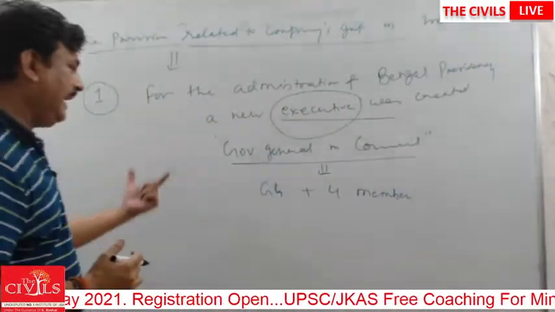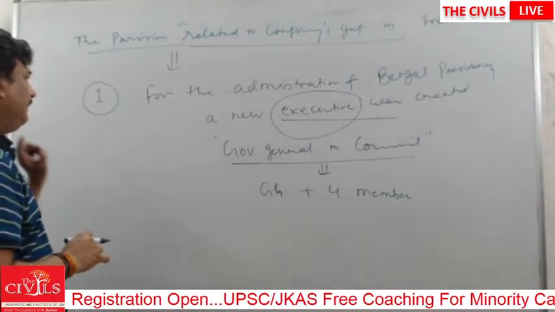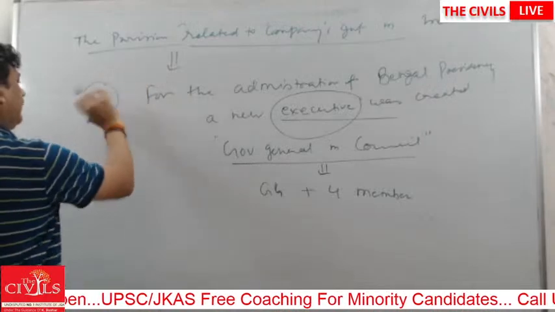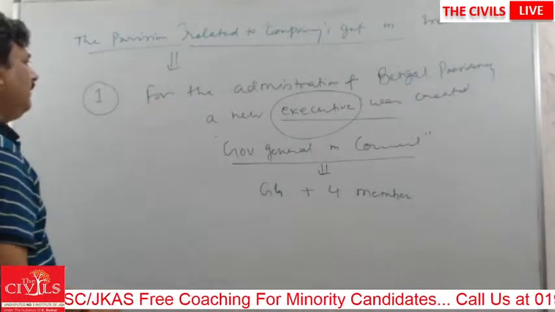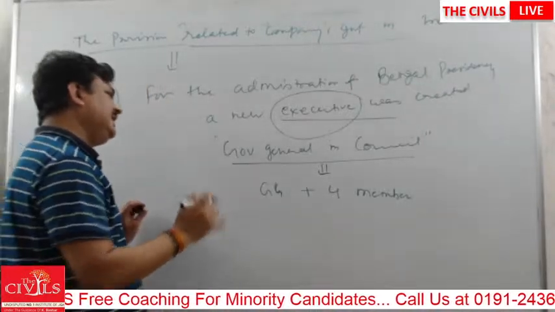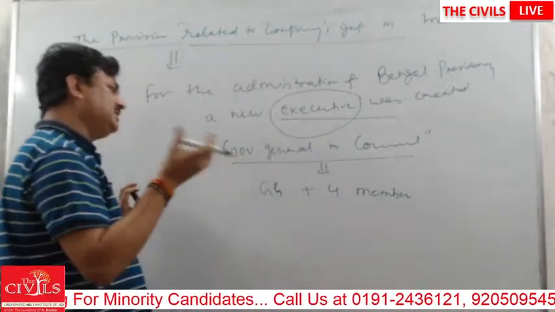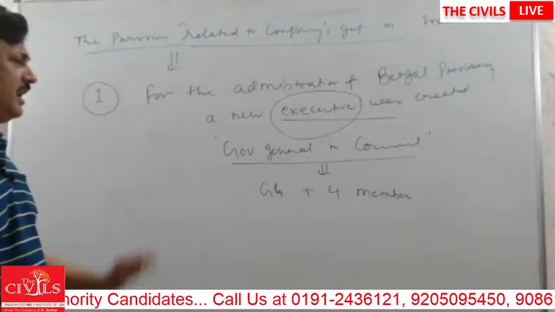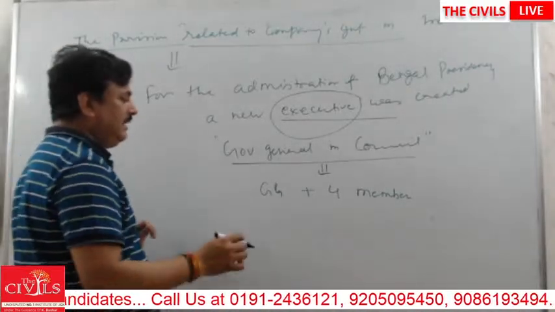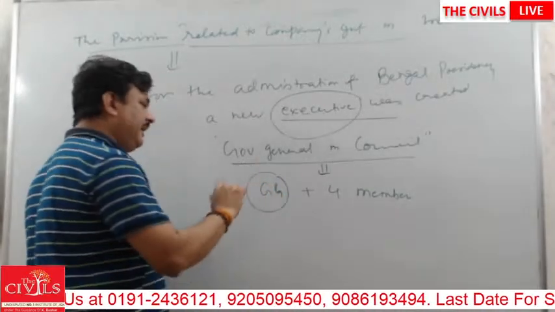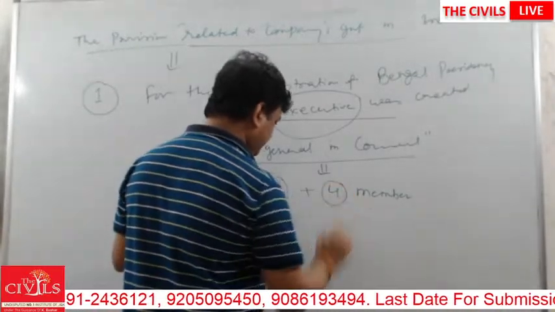Before that there was a Governor of Bengal, but by this first provision, write down: for the administration of Bengal Presidency, a new executive council was created, known as Governor General in Council, and this council had 5 members, the Governor General and 4 other members.